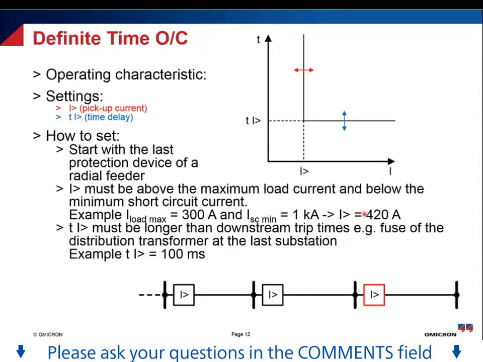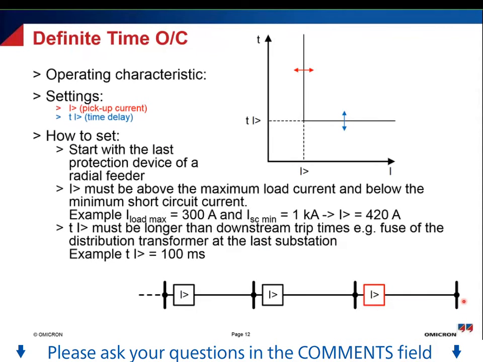Okay, so now we have our setting for the first value, I greater. And what we then need is our setting for the second value, for the time delay. For the time delay, we say, well, the setting must be longer than downstream trip times. So for example, if I have a fuse or a protection device for the distribution transformer at this bus bar here, then I need to take this into account.